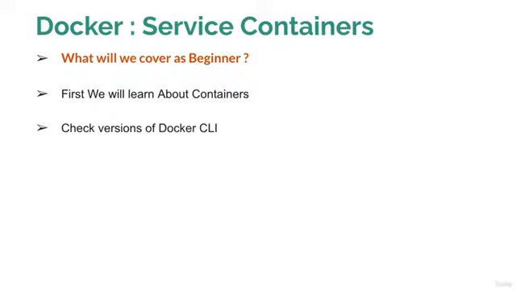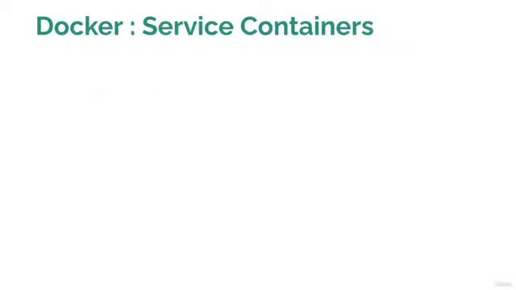We'll check out the versions of Docker and the Docker CLI, and then we will learn about the container management commands. To execute things on Docker, you need to use the Docker CLI, so you need to be very specific about the commands. The commands should be on your fingertips, and these are the commands you will be using while working with Docker. So let's start with this.